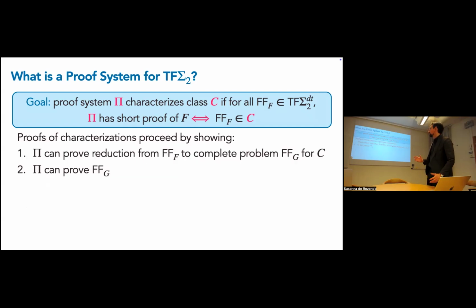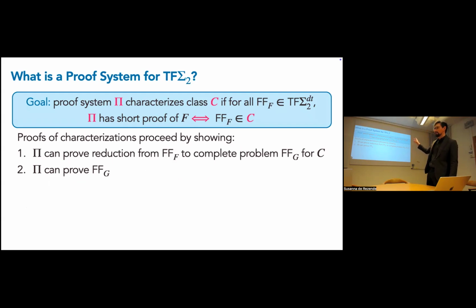So what can it be? Like, what should it turn into? Okay, so proofs of characterizations proceed in roughly the following two steps. So first, you show that the proof system can reduce the formula.